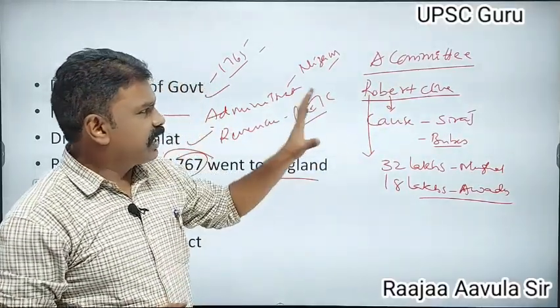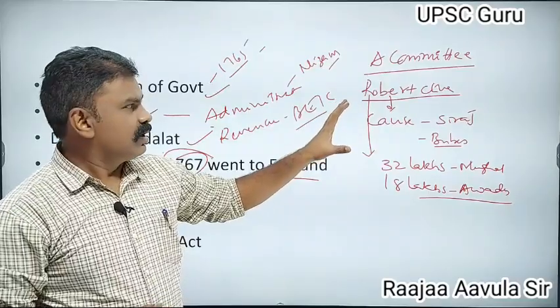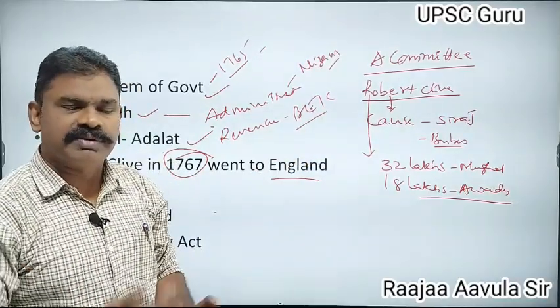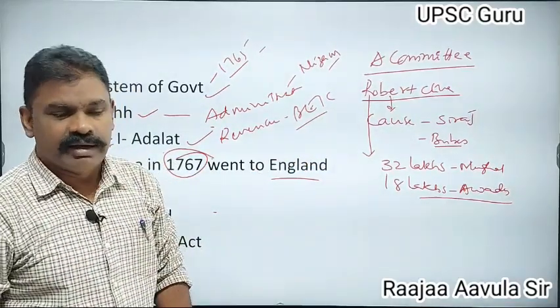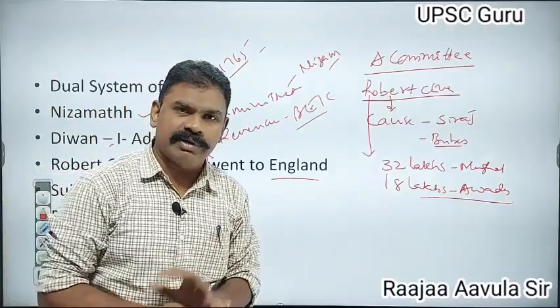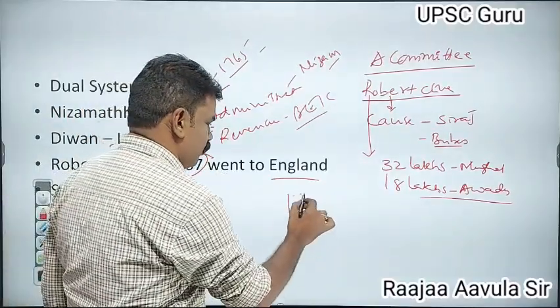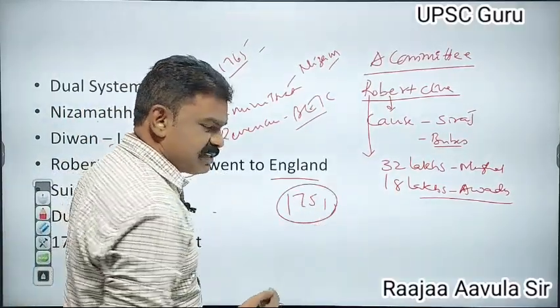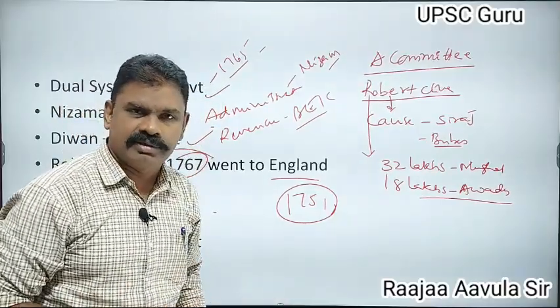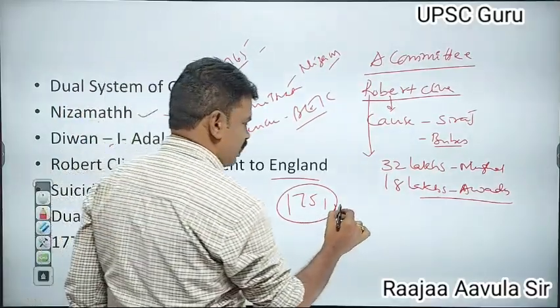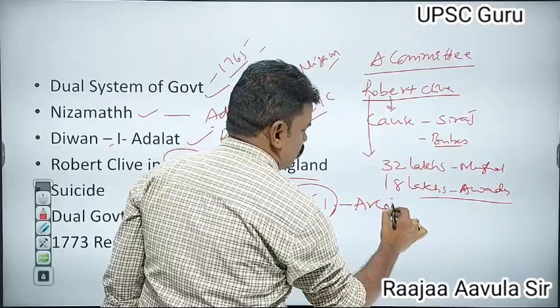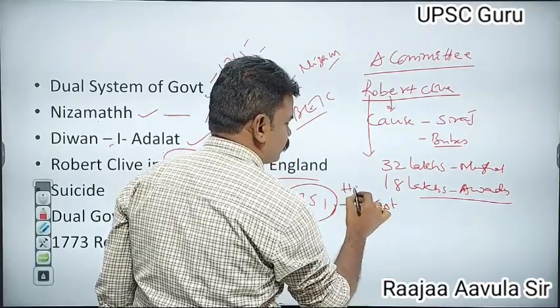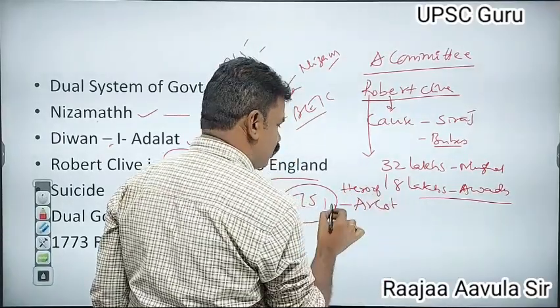The committee gave its report. Robert Clive was the biggest personality in India. In 1751, he made the siege of Arcot, and by that time he got the title Hero of Arcot.